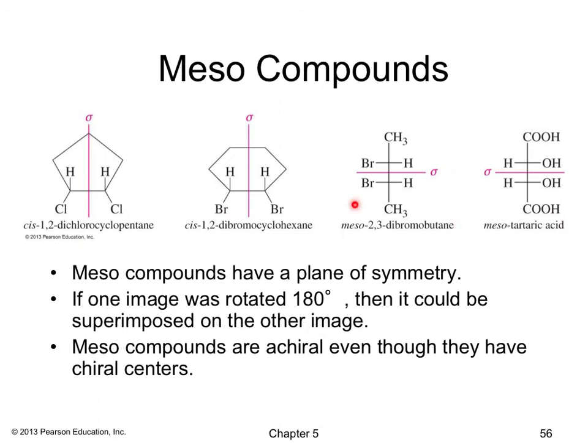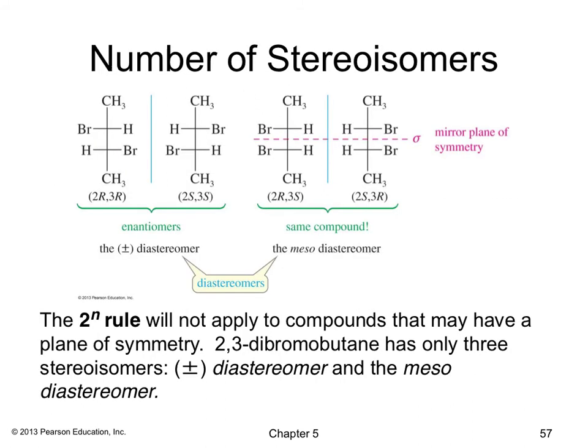This would be meso-2,3-dibromobutane, meso-tartaric acid. If one image was rotated 180 degrees, then it could be superimposed on the other image if it's meso. So if we rotated these molecules 180 degrees, you should be able to superimpose some of them. And meso compounds are achiral even though they have chiral centers. Really important.